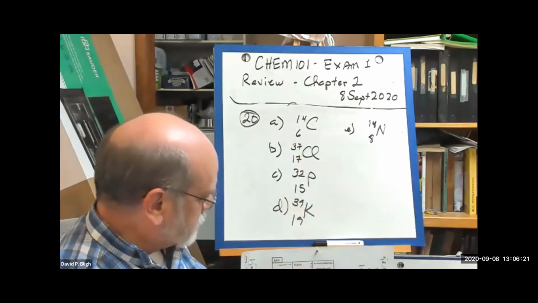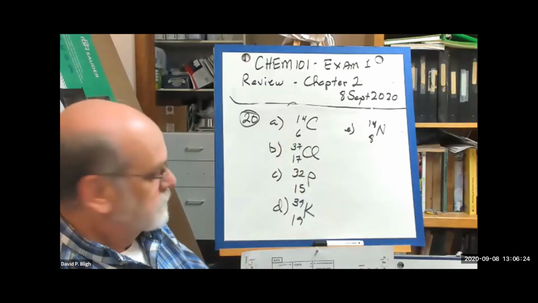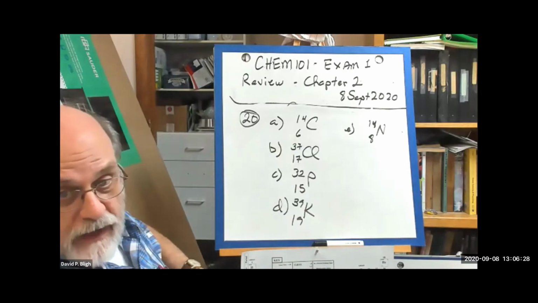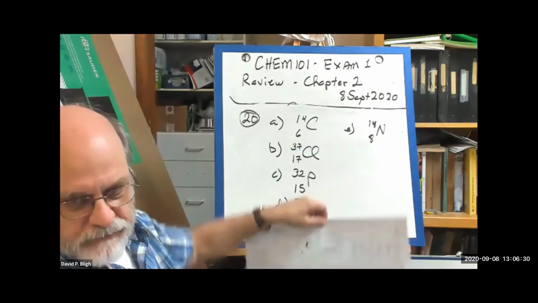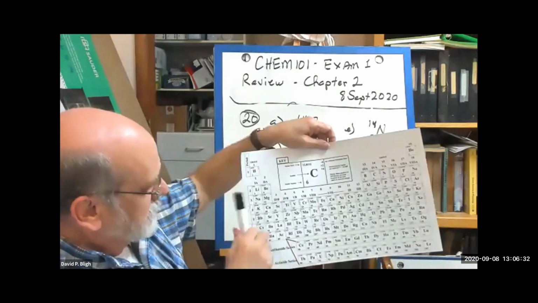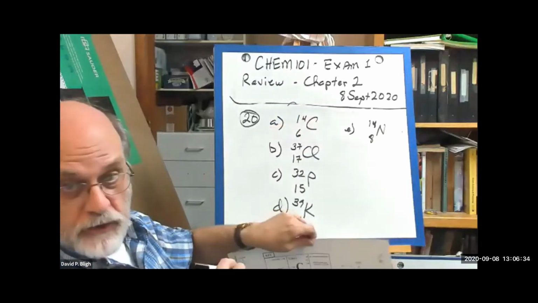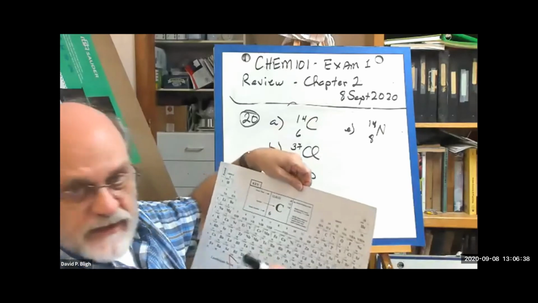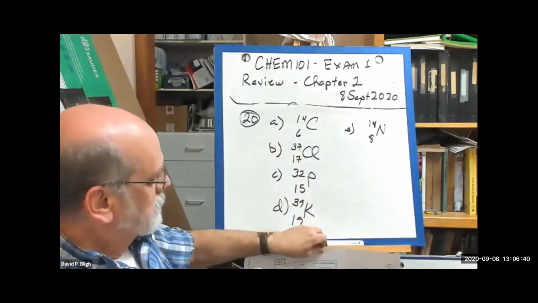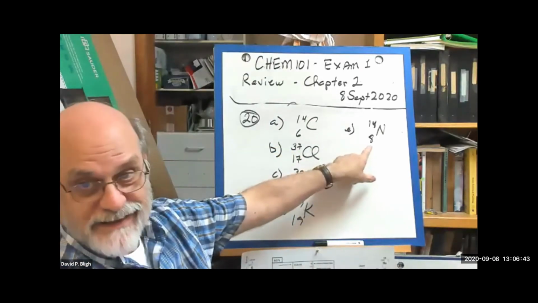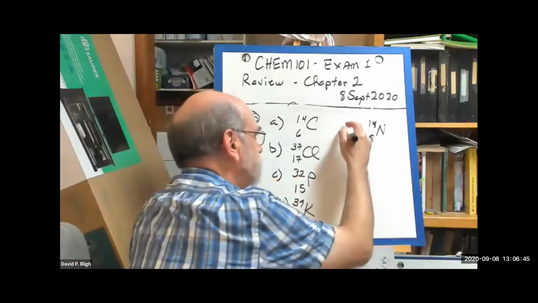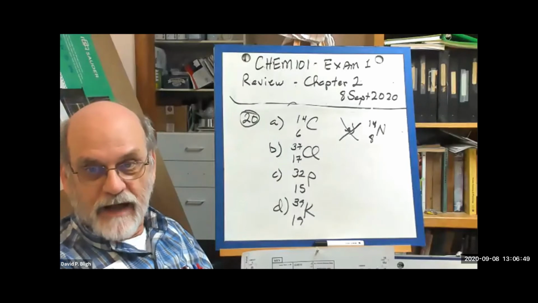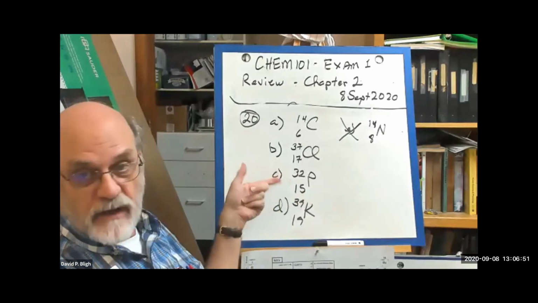Phosphorus should have 15. That's true. Potassium's over here, alkali metal, 19. That's true. Nitrogen, the periodic table says it needs 7 protons. And this one says it has 8. You found your answer. Right? You don't even have to look at the mass numbers yet.